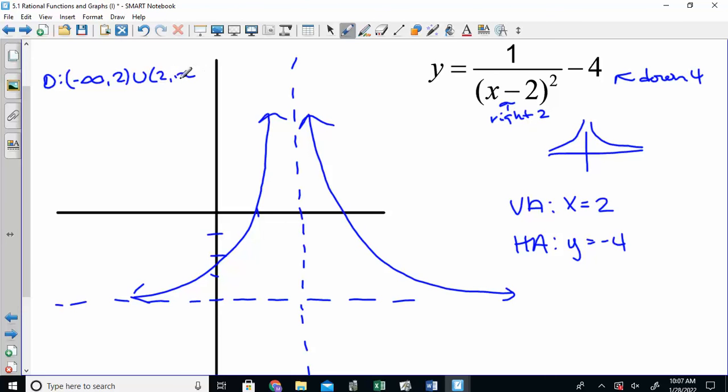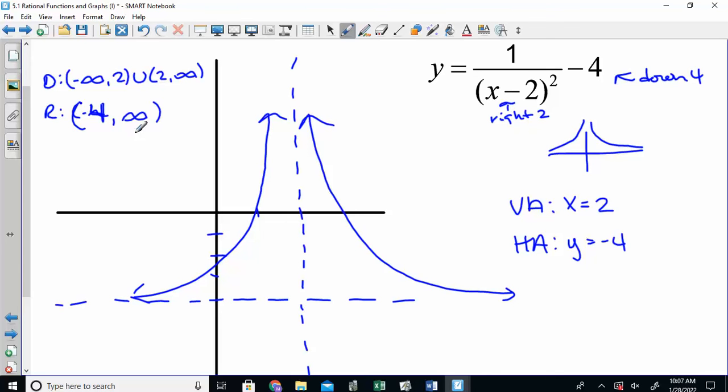Negative infinity to positive infinity. Range is negative 4 to infinity. We start at negative 4 and keep going up. So negative 4 to positive infinity will be our range.